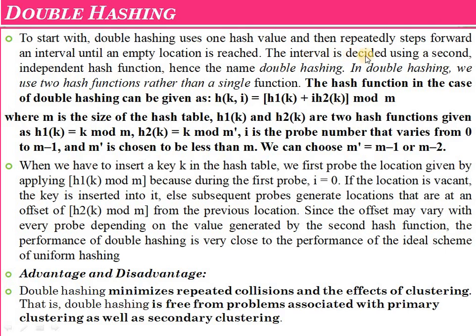The interval is decided using a second independent hash function. Means first we are using one hash function and after that we are using another hash function, so we call this method double hashing. In double hashing we use two hash functions rather than a single hash function.